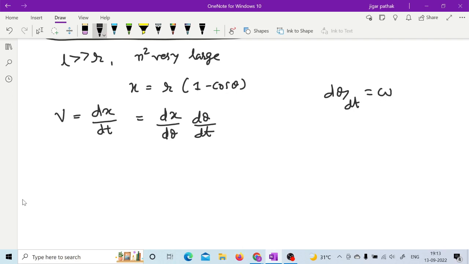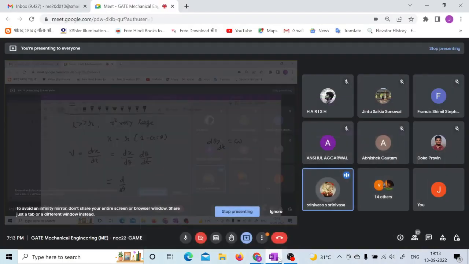Now if you differentiate x, not the simplified one but the above equation which we have written, with respect to theta.